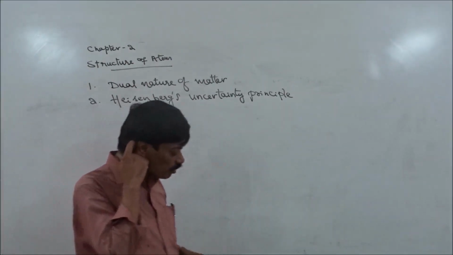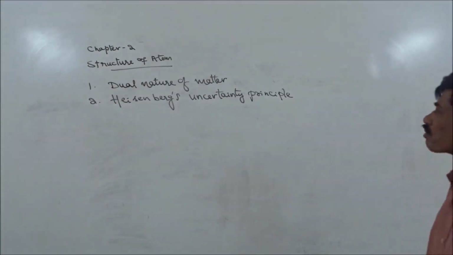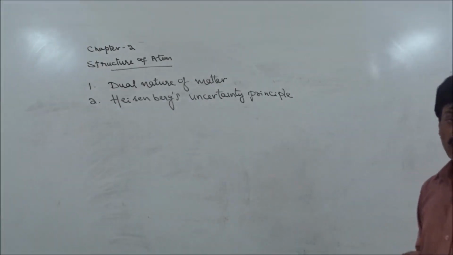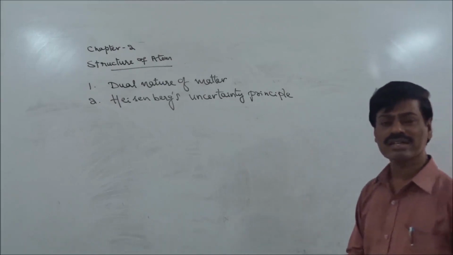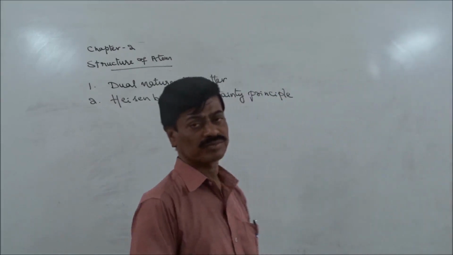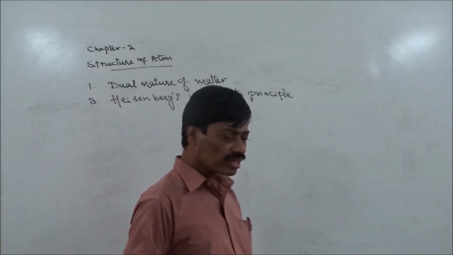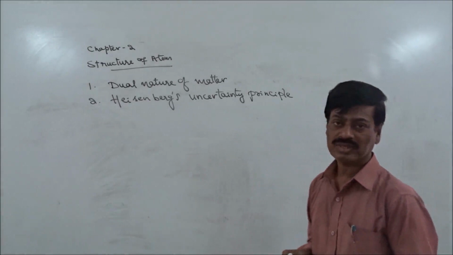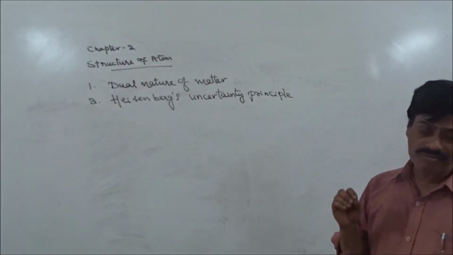So matter is composed of very small particles, and those particles, that can be atoms and molecules, in turn contain electrons, and these electrons in the atom are continuously revolving. Whichever particle or object revolves continuously in a circular fashion will have wave nature.